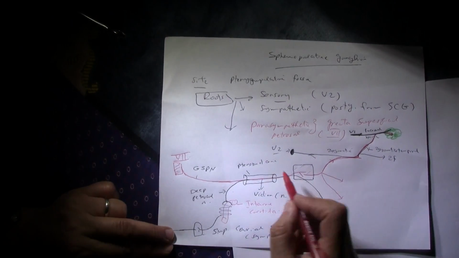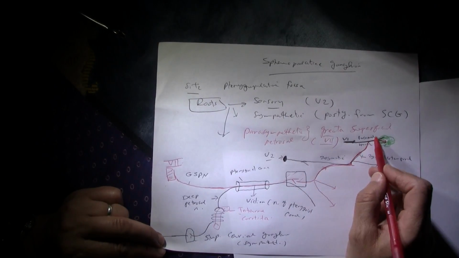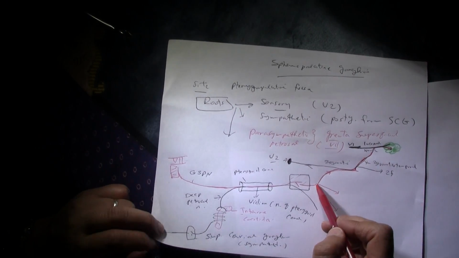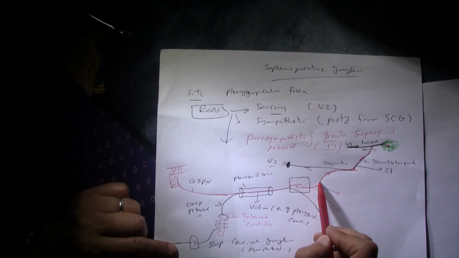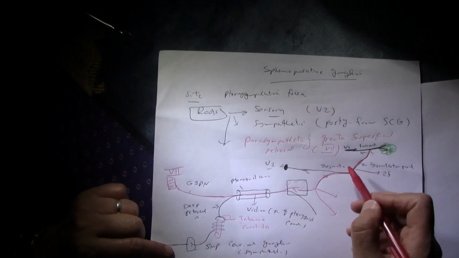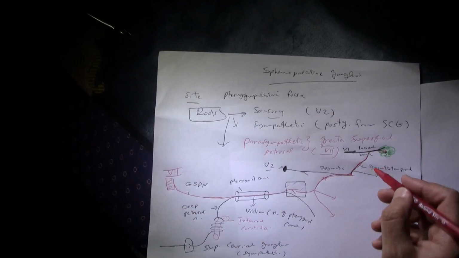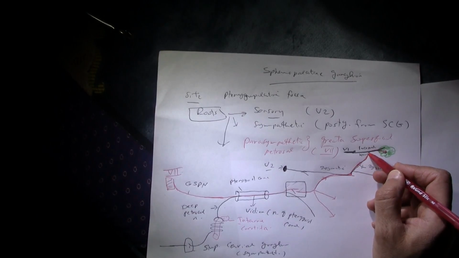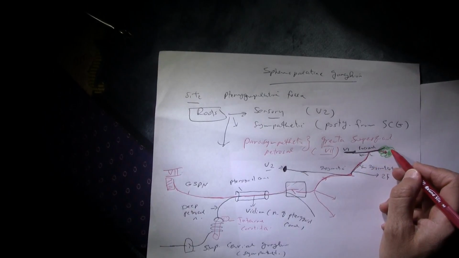Okay, so again, how do parasympathetic fibers reach the lacrimal gland? It's a long pathway. As you see, the postganglionic fibers join the zygomatic branch of V2, then continue through the zygomatico-temporal branch, and from there jump into the lacrimal branch of V1 until it reaches the gland.